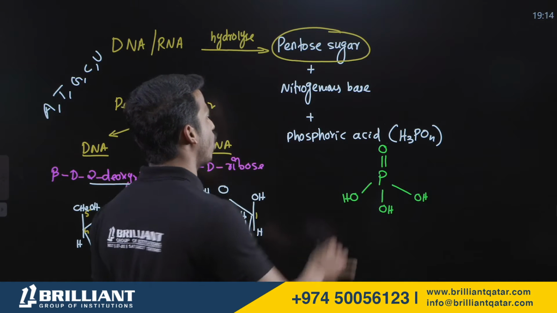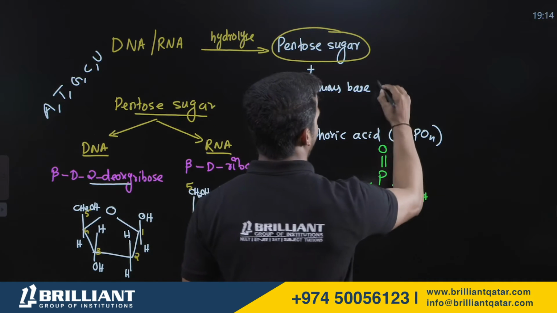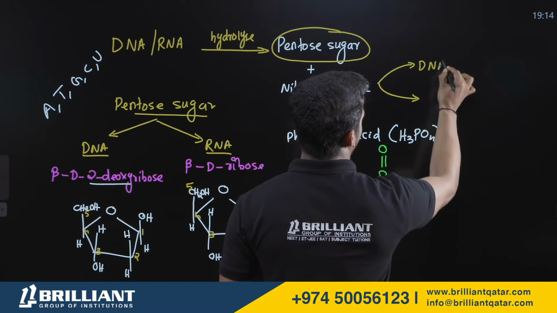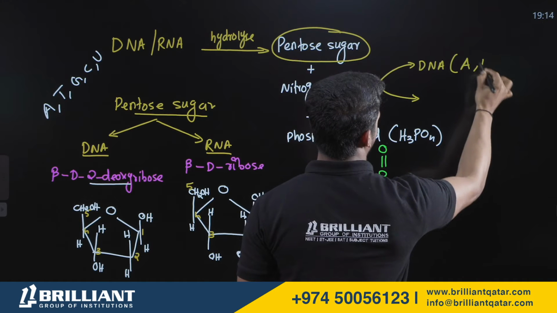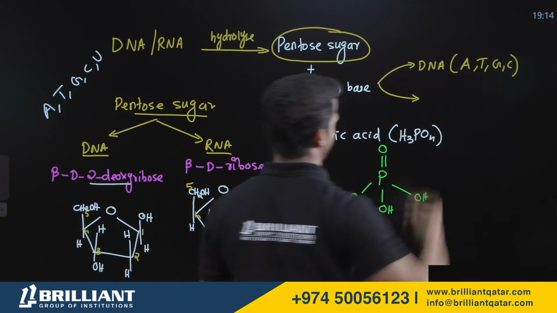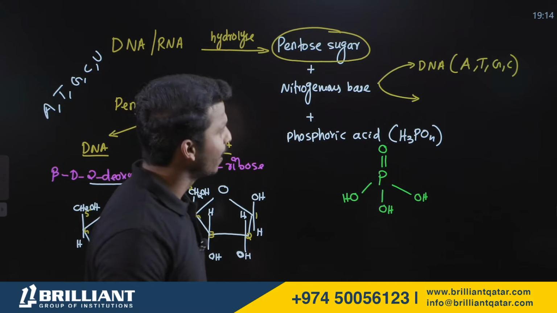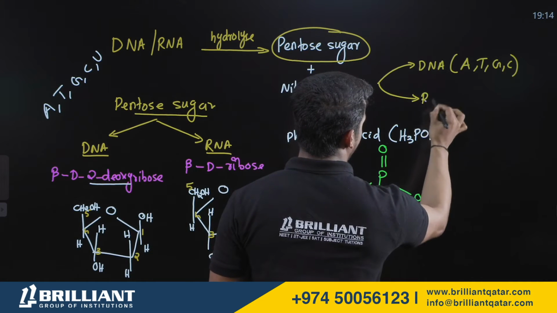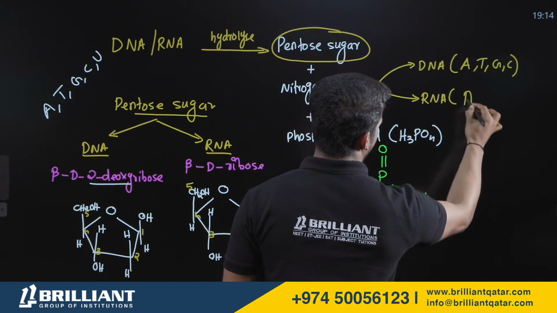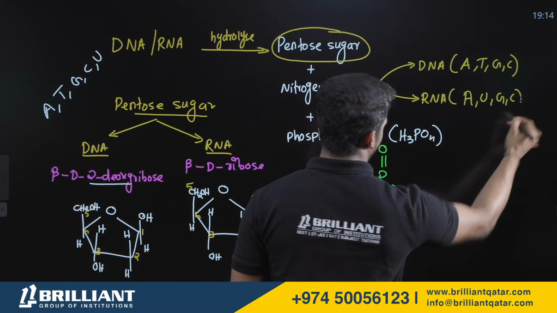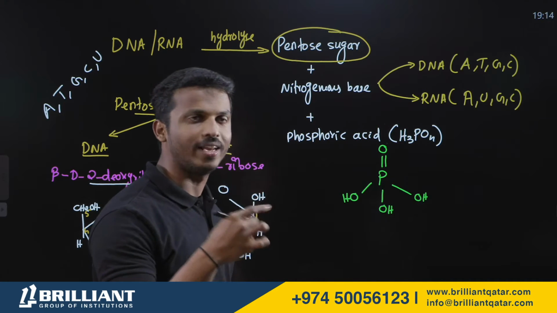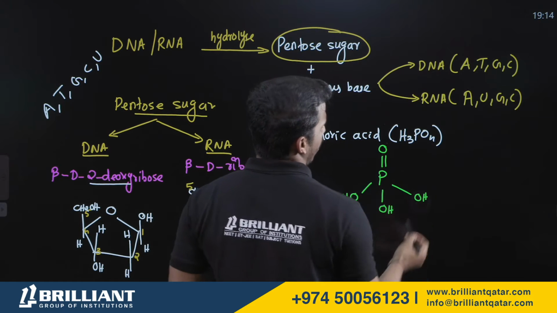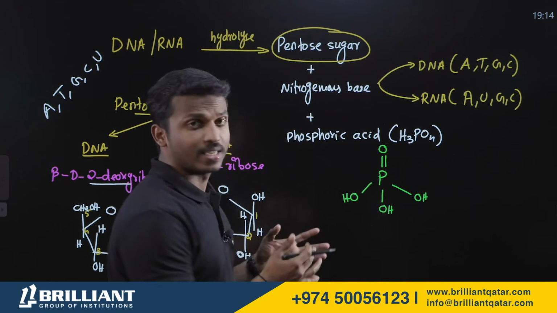Right? So which bases are present in RNA and which bases are present in DNA? Dear students, DNA contains the bases ATGC. What are ATGC? Adenine, thymine, guanine and cytosine. Whereas RNA contains AUGC: adenine, uracil, guanine and cytosine. So what is the major difference between the DNA bases and RNA bases?